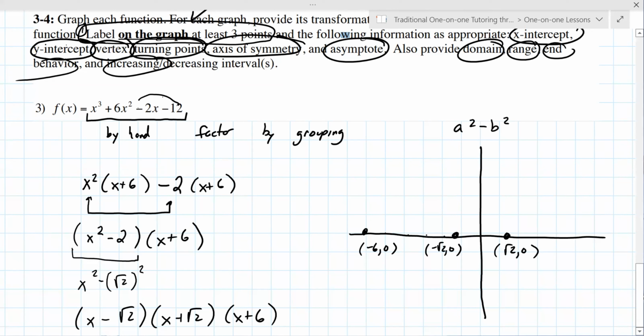The next one would be the y-intercept. The y-intercept is when x equals 0. And it also happens to be just this last number, -12. So it's 0, -12 down there at the bottom.